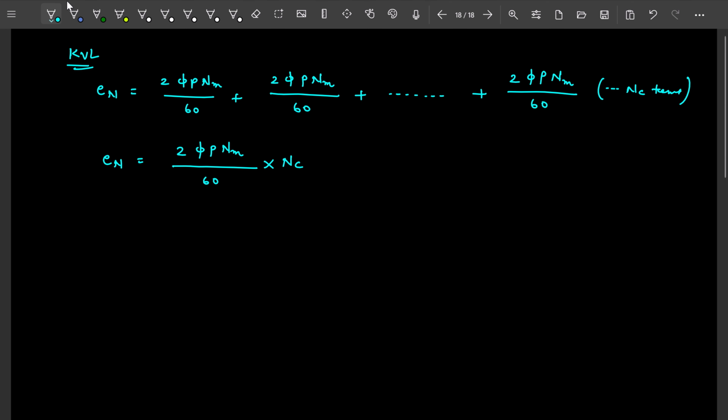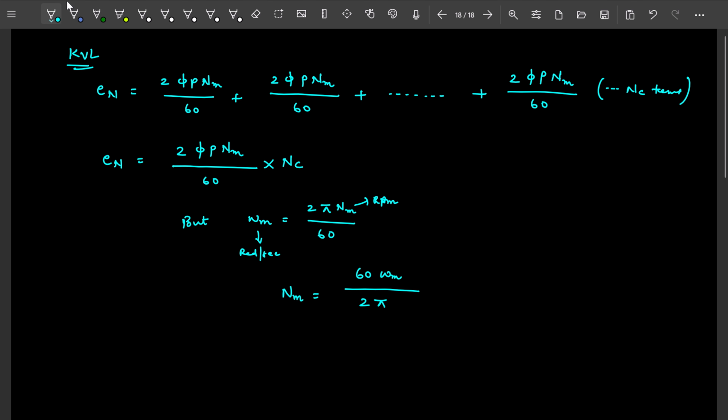But we already know that the speed in radian per second, omega m, is equal to 2 pi Nm by 60. This is the speed in radian per second, and this is in RPM. From this we have Nm is equal to 60 omega m divided by 2 pi.